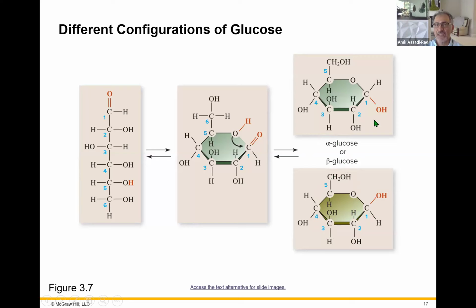And for alpha, the OH is on bottom. The beta is found in cellulose, like when you eat celery. There is a certain portion of celery that is indigestible. Cellulose, beta. Mashed potato, alpha.